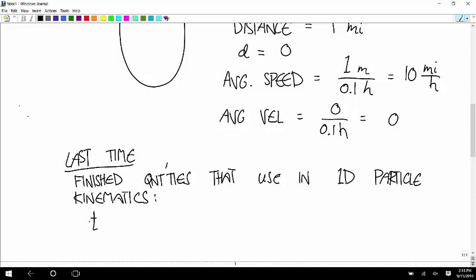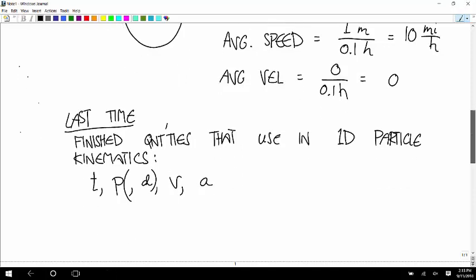And those are time, position, and also displacement. I'm going to put that in parentheses, though, because that's not going to be used as often. Velocity and acceleration. So you can think of those 4 things as being what we're trying to figure out in basically every problem we do in kinematics.